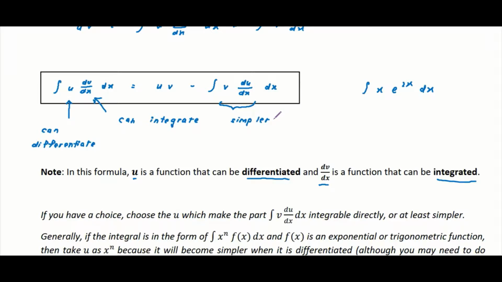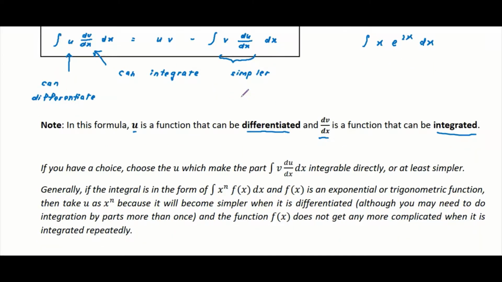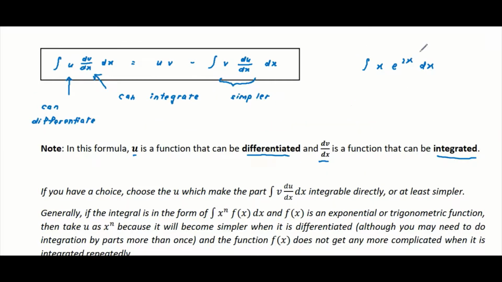Okay, you might have the case where you need to do your integration more than once, but our target is to keep this part as simple as we can so that we can always integrate it, then that's the end of it. So this is actually our example 1, and I'll explain further from there.